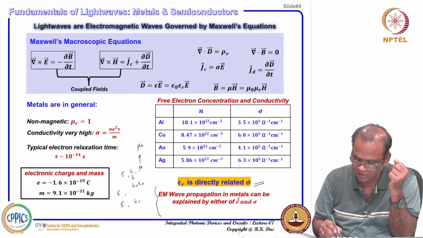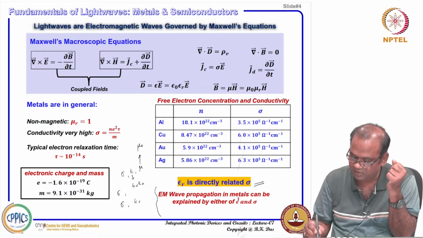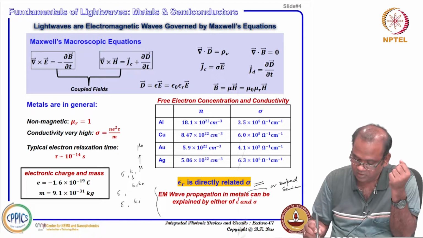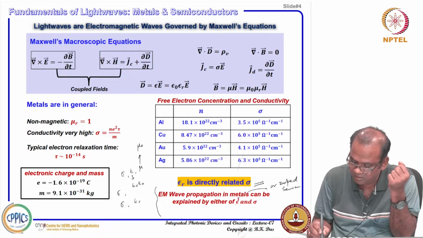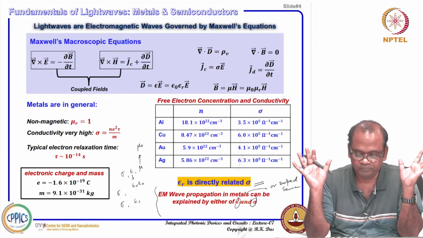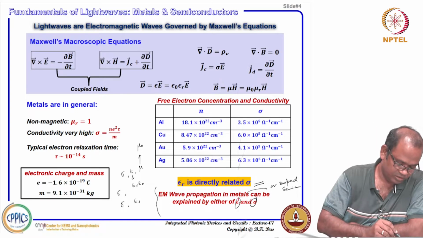Frankly speaking, electromagnetic wave propagation in metals or heavily doped semiconductors can be explained by either epsilon or sigma. That is the conclusion we will see. Fantastic. So, let us move on.